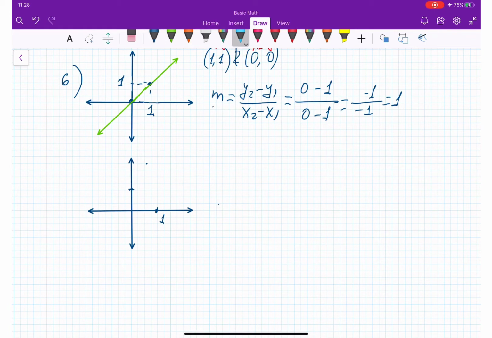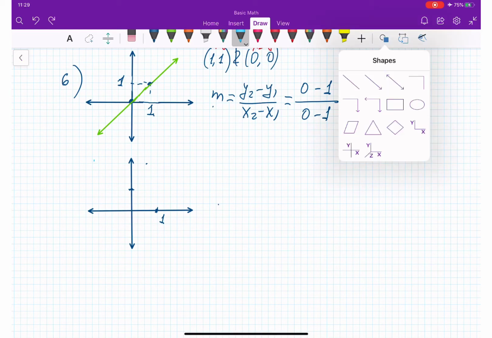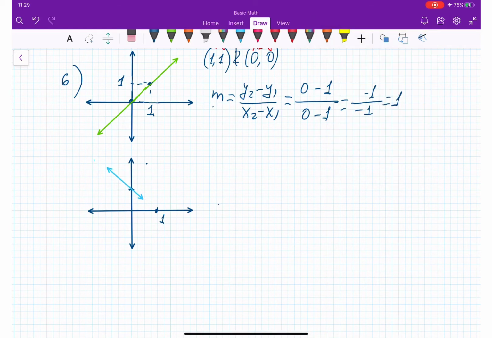And the graph is going through these 2 points. So we have here 0, 1, this point, right? And this point is 1, 0. First comes x, second comes y. Okay, so let's write down the points 0, 1 and 1 and 0.